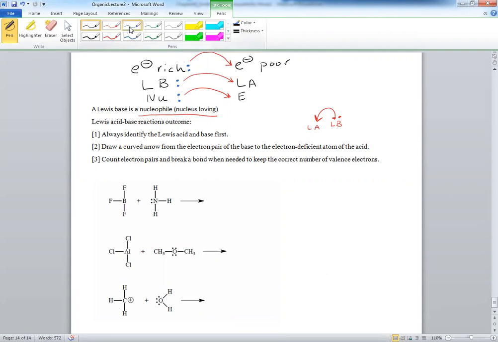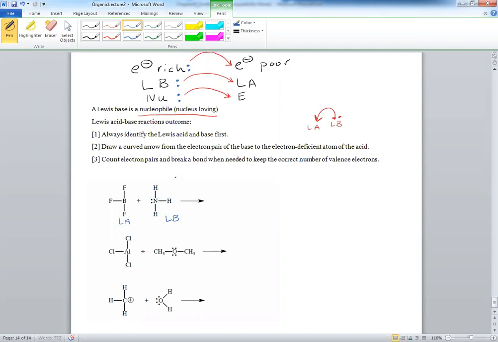Right away, you need to identify the one that has any pair of electrons that can donate. Well, right away, it's very clear that we have a pair of electrons right here. So this must be our Lewis base. This must be our Lewis acid.